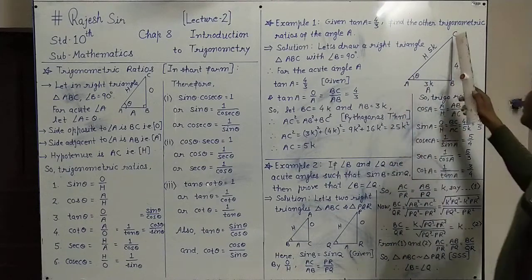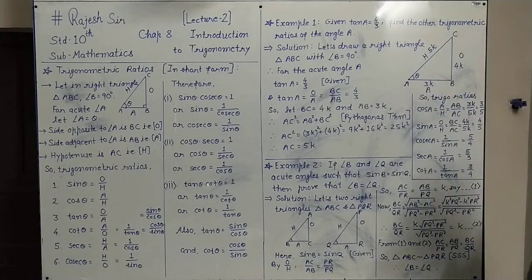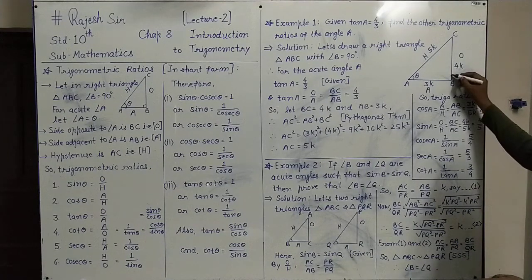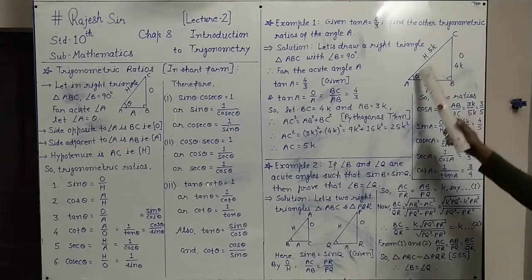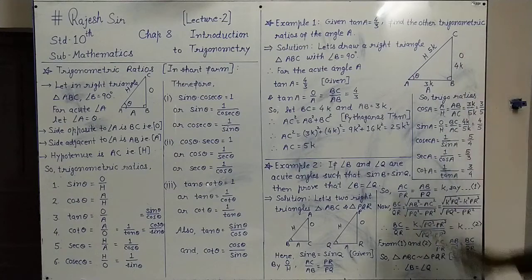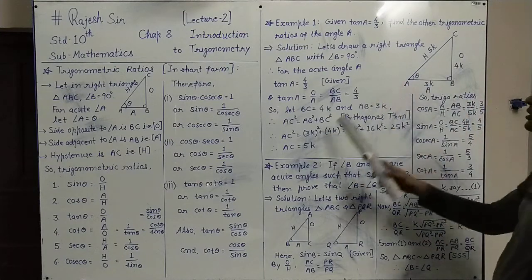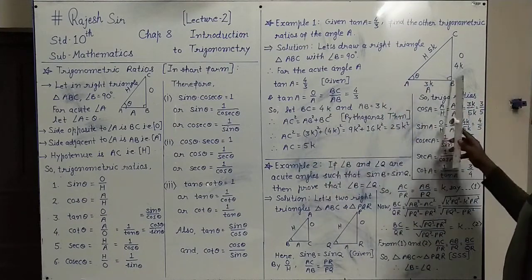In this triangle ABC, you can see we have taken a right triangle where angle B is 90 degrees. So by Pythagoras theorem, you know, the hypotenuse square equals the sum of the squares of the other two sides. Hypotenuse is AC. So AC square equals AB square plus BC square.